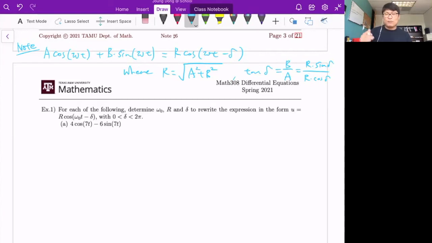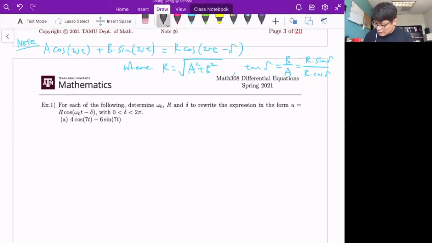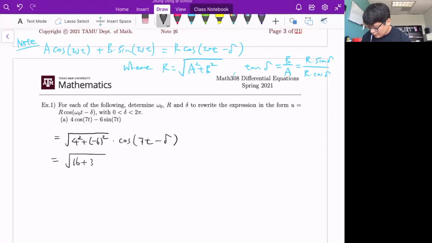Now let's practice how we can combine sine plus cosine form as one single trig function, cosine. Here we go. This can be written as square root of 4 squared plus negative 6 squared times cosine of 7t minus delta, since omega is 7 in this case. When you simplify, it is square root of 16 plus 36 cosine 7t minus delta. Let me take delta later, but let me take R first.